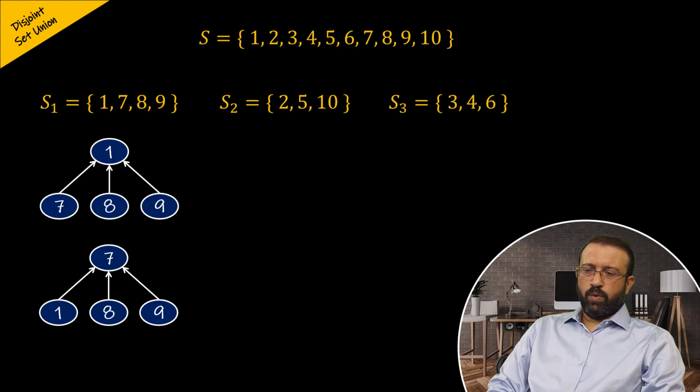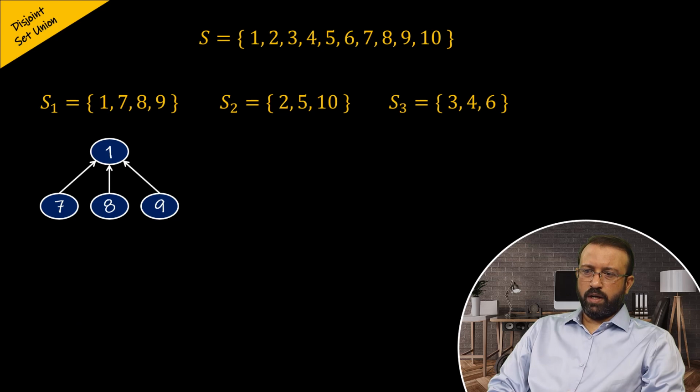This is also one of the possible representations of disjoint set S1 because, as said earlier, sets are not ordered. So we can consider any element of the set as the root and make all the other elements its children. Anyways, let us consider the first representation with element 1 as the root for the disjoint set S1.